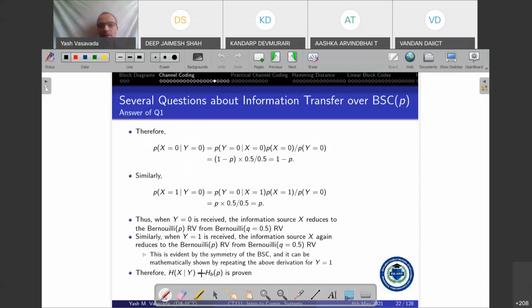And so now the numerator, which is the prior, and the denominator, which is the evidence, cancel out because they both are 50%. And then what you are left with is 1 minus p for this case, or p for the other case. When y is equal to 0, the probability of x equal to 0 just becomes 1 minus p. The probability of x equal to 1 remains p.